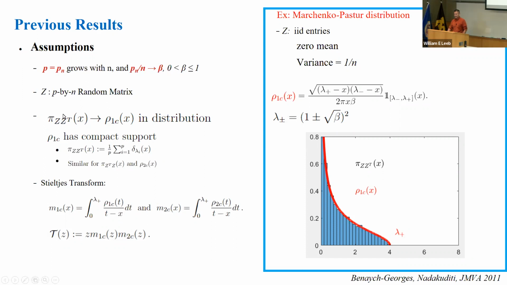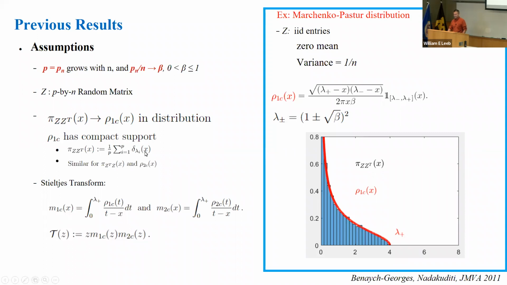And this pi of Z Z transpose means the empirical distribution of the eigenvalues of Z Z transpose. It will converge in distribution to a distribution called rho 1C, where they assume that it has a compact support.